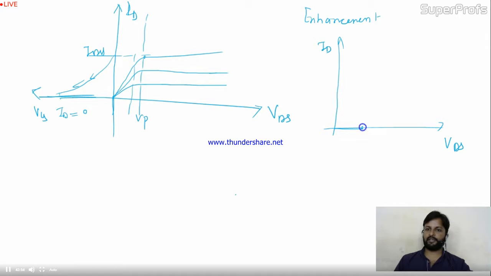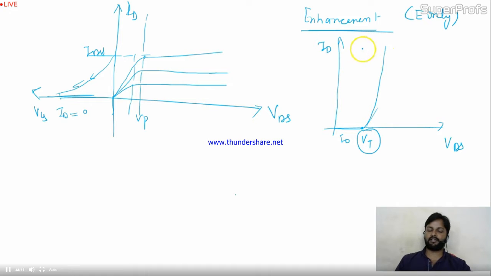So up to VT, there is no current, 0 current. But after VT, suddenly the current is there. I'm talking about the enhancement-only MOSFET. After the threshold point, there is current over here, and after some time it will be saturated.